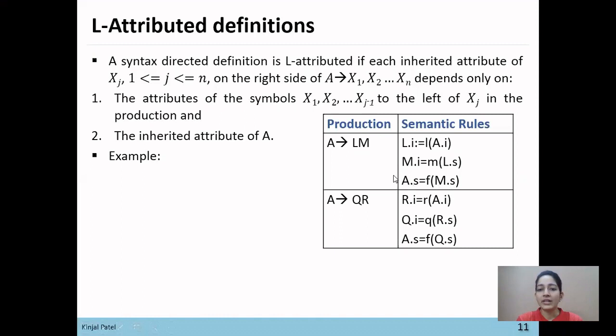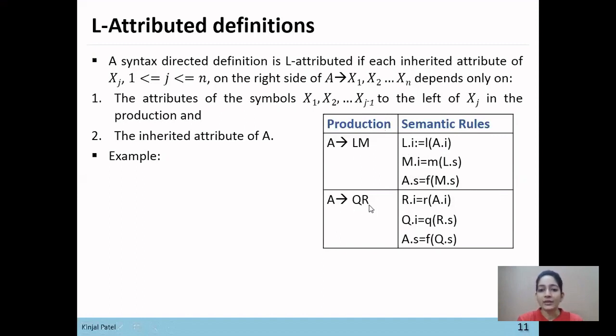So here A.s depends on the M.s. So third rule also follows the rule of L-attributed definition. So all the rules follow the rule of L-attributed definition. So first production rule is L-attributed definition.